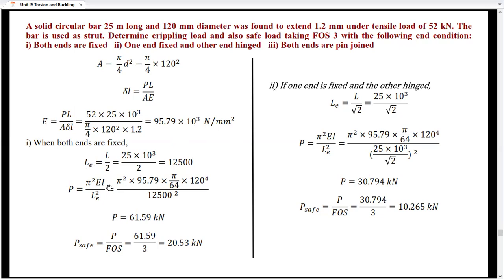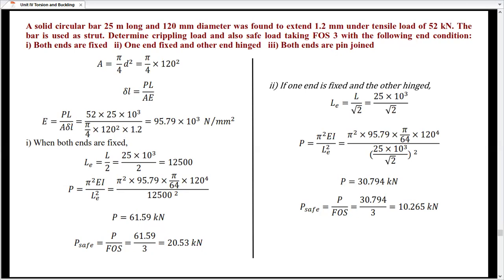Then we have I value, that I value is pi by 64 d raised to 4, that is pi by 64 120 raised to 4 upon L 12500 square. So if you put all these values, then you will get P crippling load 61.59 kilonewton. And the safest load will be crippling load upon factor of safety, that is 61.59 upon 3, which will be 20.53 kilonewton.